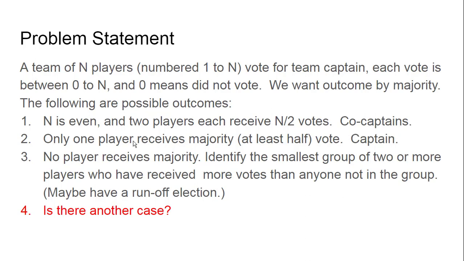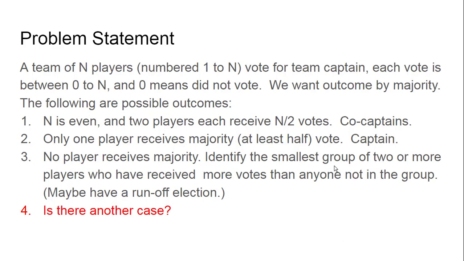Obviously, there's also the case that no player receives a majority of the vote. In this case, let's assume that there's a runoff election or some other mechanism for deciding who will be the captain. So what we want to do is identify the candidates for this runoff election.